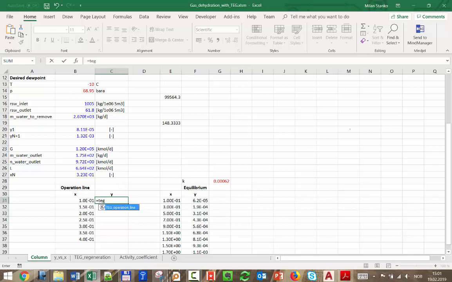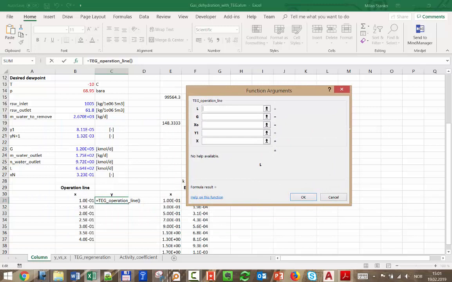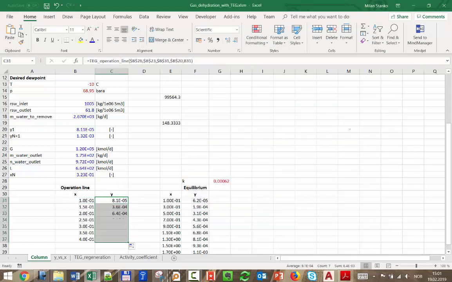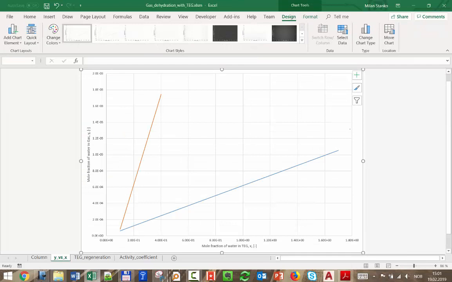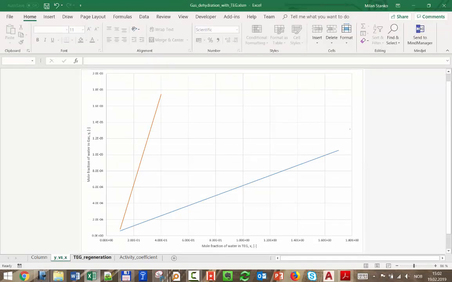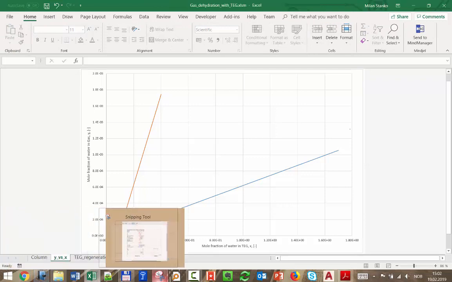So that will be TEG operation line, taking L, and I have to freeze it, G, freeze it, X0, this first point, freeze it, Y1 is here, also freeze it, and X. And now we see how it looks like. That's the equation.